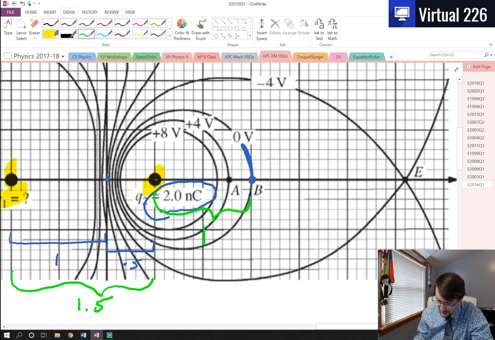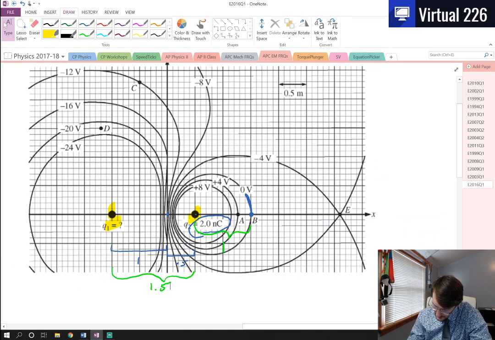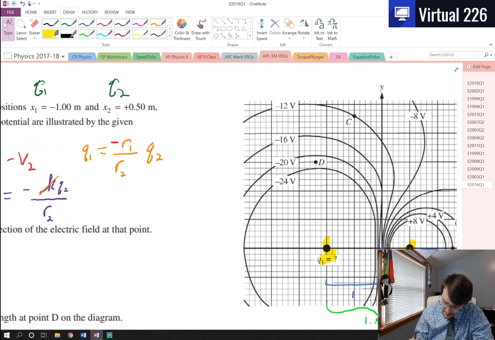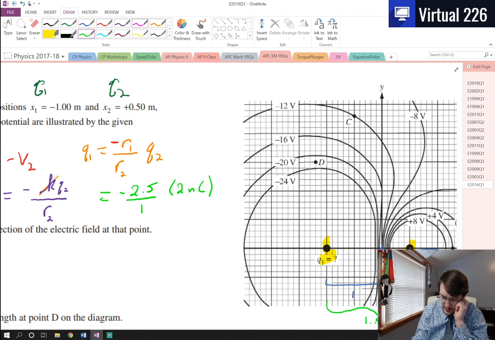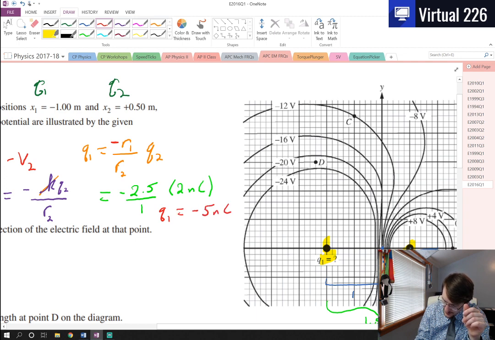So that's 2.5 total. So we should be able to say that this is negative 2.5 over 1 times 2 nanocoulombs, which should mean that Q1 equals negative 5 nanocoulombs.